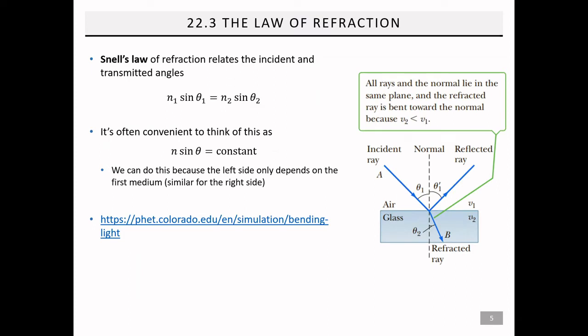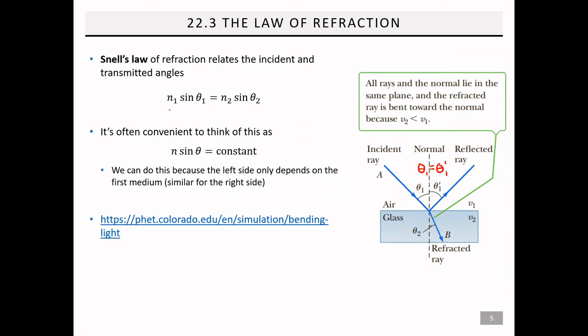Snell's law is the law of refraction that acts as the counterpart to the law of reflection we learned last lecture. The law of reflection said that if you have an incident ray and a reflected ray, then theta 1 was equal to theta 1 prime. Snell's law is a little more complicated for the incident and the refracted rays.